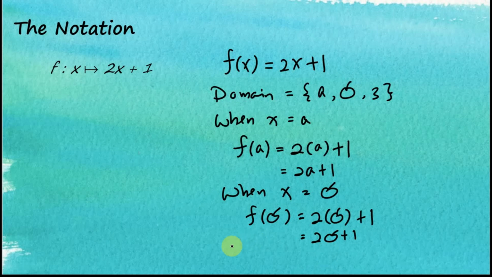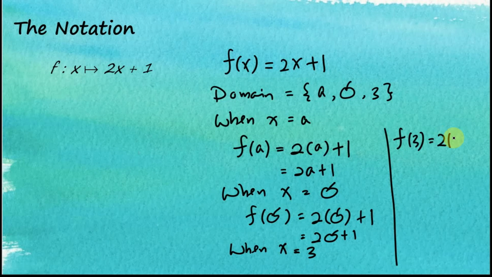And how about the last one, when x equal to 3? Let's draw a line here and then let's continue here. When x equal to 3, then the function will become f(3). f(3) equal to 2 bracket 3 plus 1.